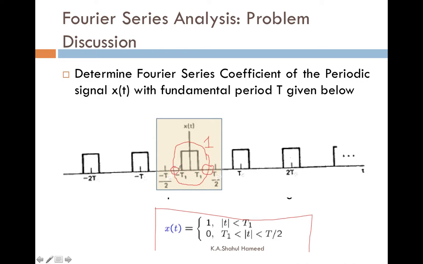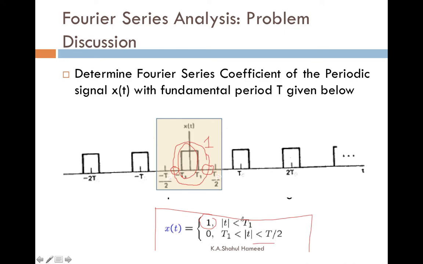At these two places the waveform value is 0, and in this duration the waveform value is 1. So the mathematical expression is written like x of t is equal to 1 when magnitude of t is less than T1, and 0 over the duration where T1 is less than magnitude of t, which is less than T by 2.